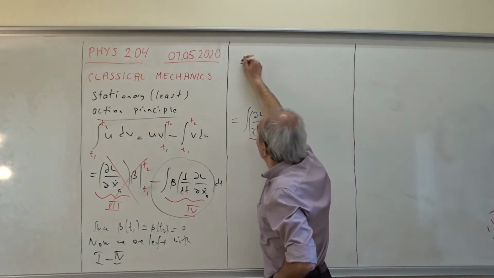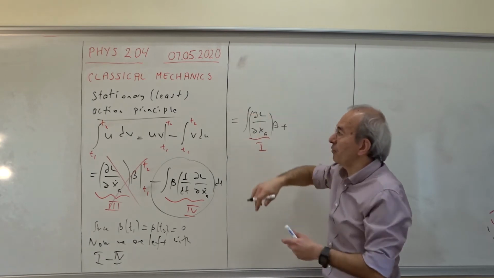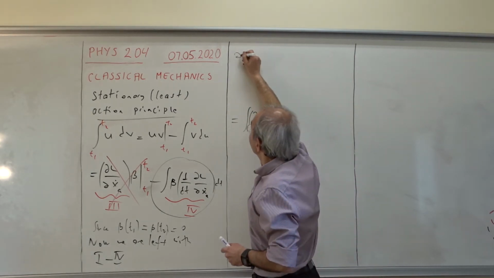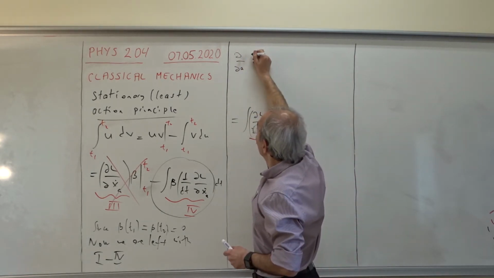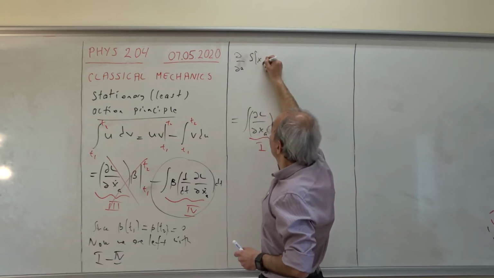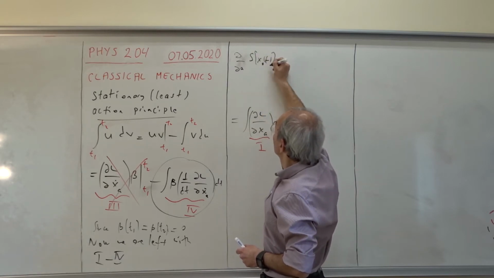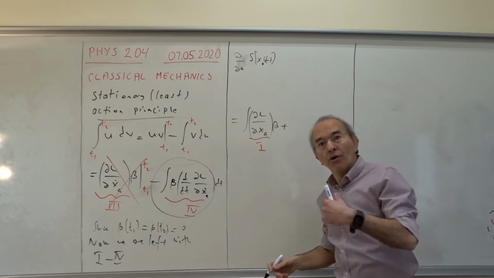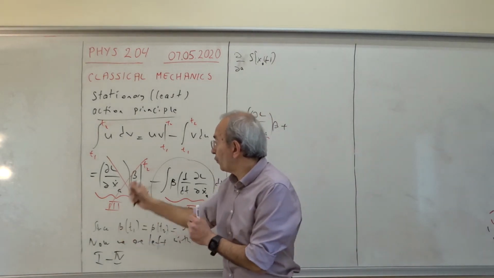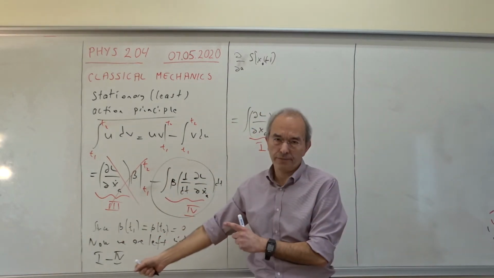Number 1 is what is on the left hand side, by the way, we started with, remember: del by del A applied on the functional S of xA of t. On the right hand side, we only have two terms, the first block and the fourth block.